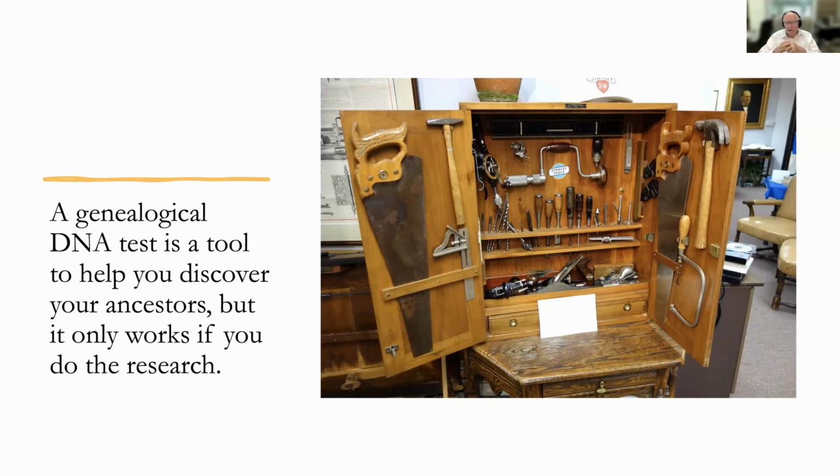It doesn't move genealogy out of its historical context, but as I've said previously, it validates that historical context, so that what you discover historically takes on some real meaning as to who you are related to.